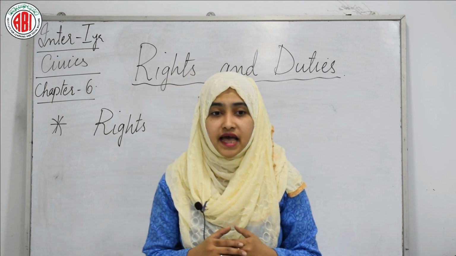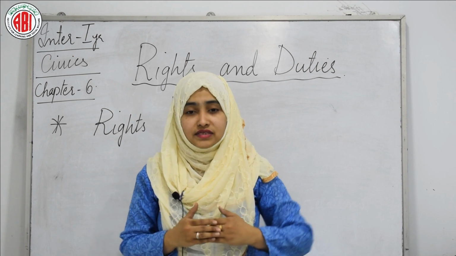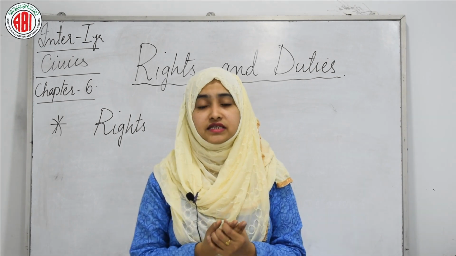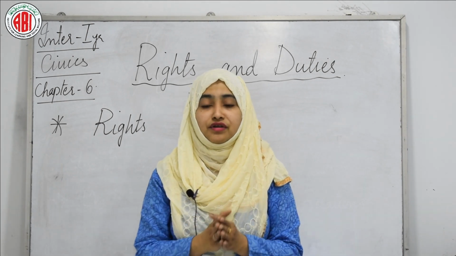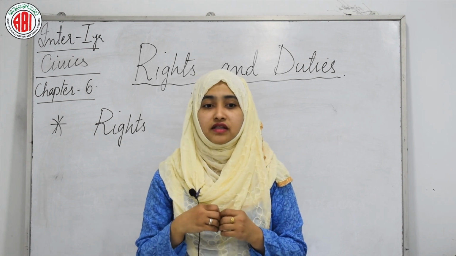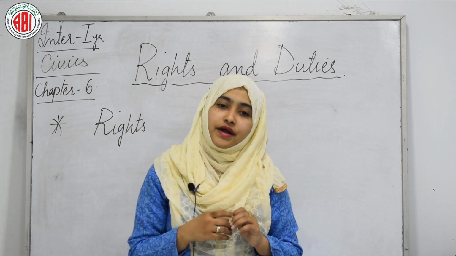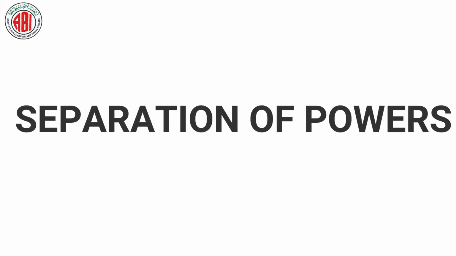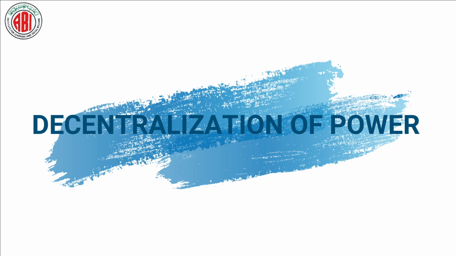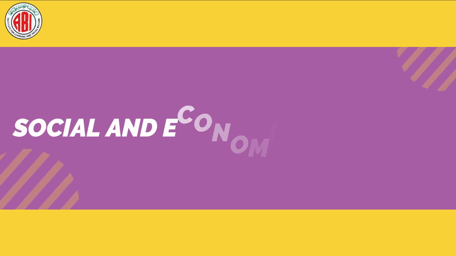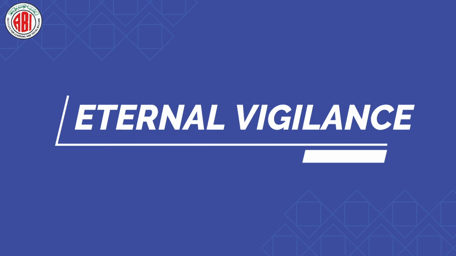There are many safeguards built into the system to prevent fraud. The safeguards are: democratic rule, written constitution, constitutional incorporation, separation of powers, decentralization of powers, rule of law, independent and impartial judiciary, independent press, social and economic equalities, and internal vigilance.